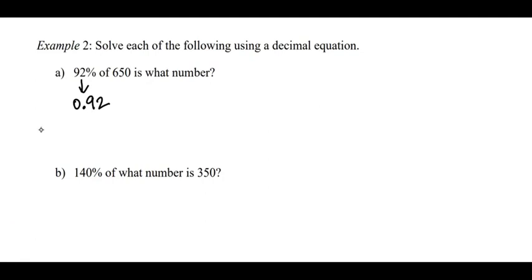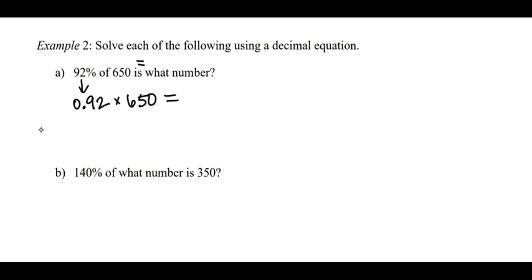Of is a multiplication, 650. We saw that in Unit 1, Chapter 1, how multiplication can be represented by words like of. So you have 0.92 times 650, and is your equal sign.